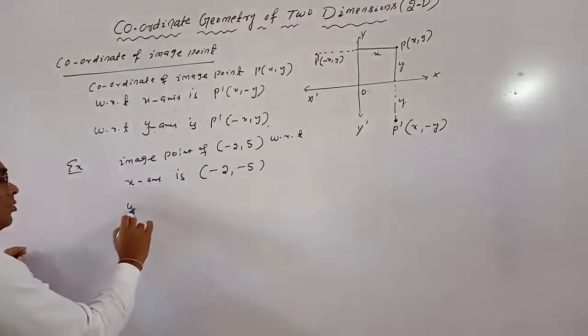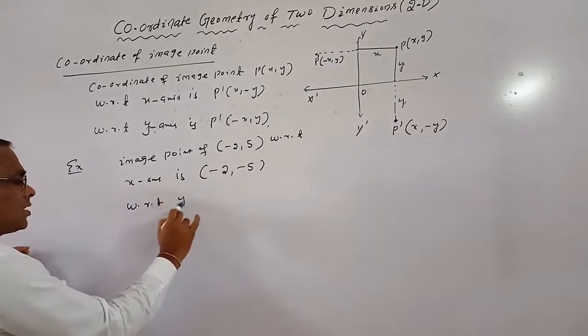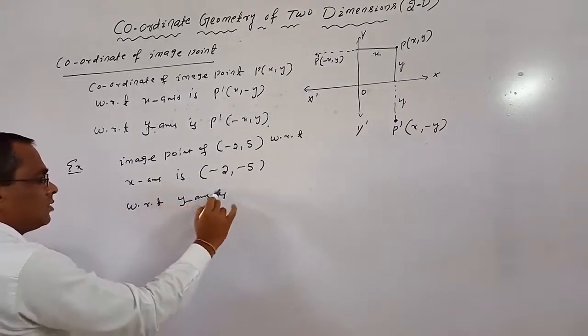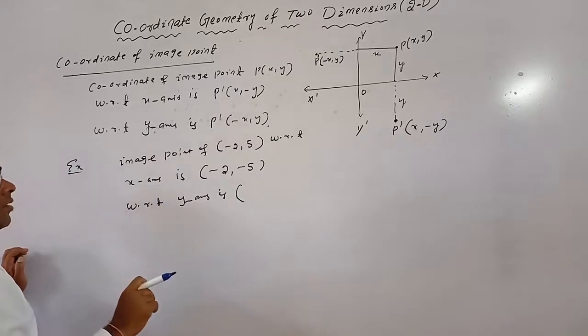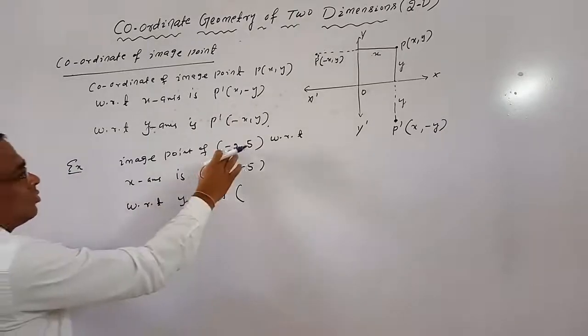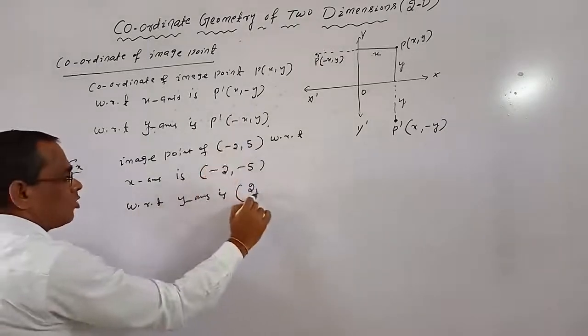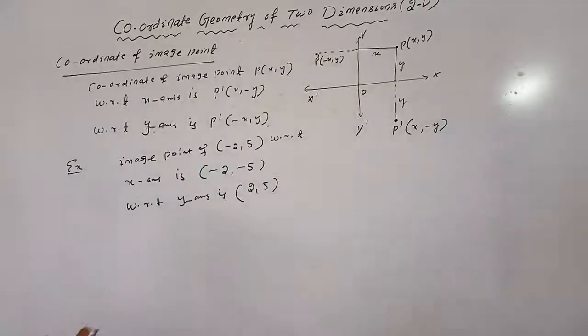With respect to y axis, the x axis is perpendicular, so the x coordinate changes, so -2 becomes +2, giving +2,5. Okay. So in this way you have to calculate the coordinates of the image point.